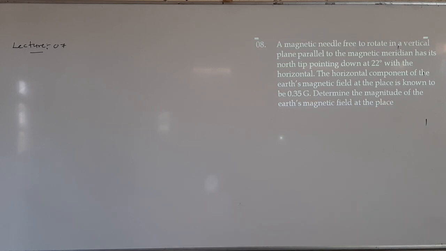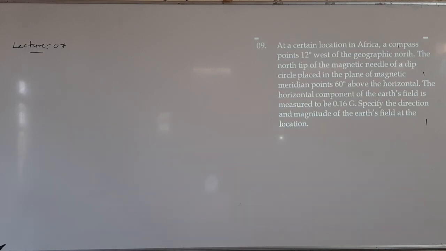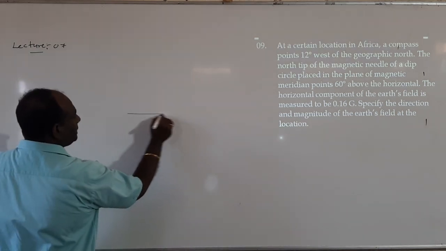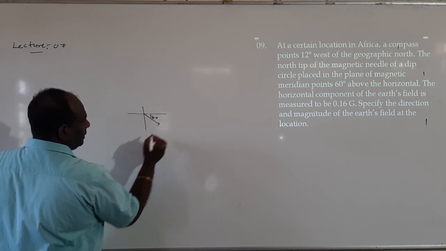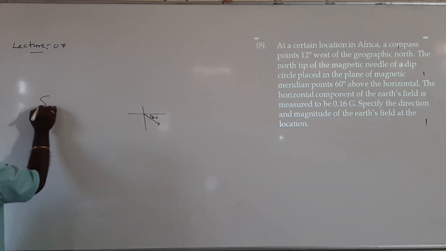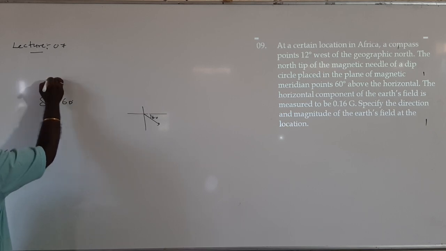Next question. At a certain location in Africa, a compass needle points 12 degrees to the west of geographic north. The north tip of the magnetic needle of a dip circle placed in the magnetic meridian plane is at 60 degrees with the horizontal. So they give delta equal to 60 degrees.